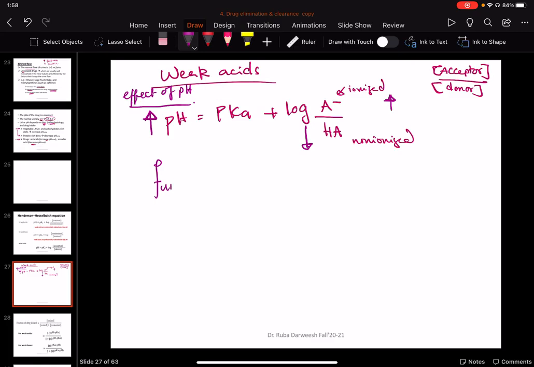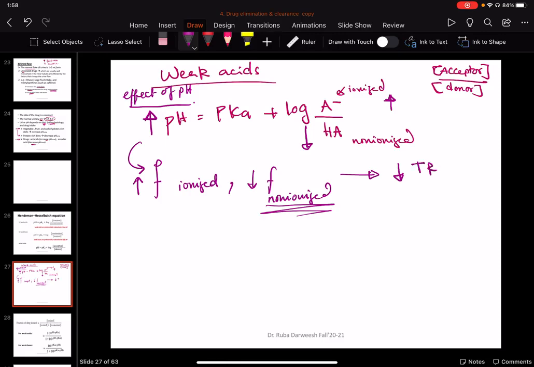If the non-ionized fraction decreases, we have less tubular reabsorption, which means more excretion.